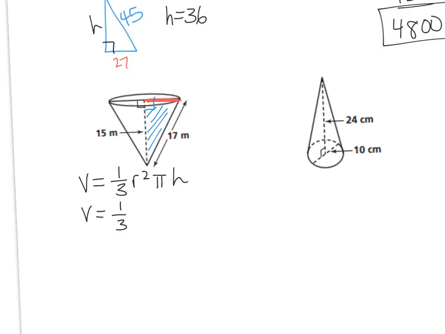So I'm going to use the Pythagorean theorem, doing 15 squared plus r squared equals 17 squared, and I get r is 8. So now it's going to be 8 squared pi, and the height, where it makes a 90 with the base, is 15.